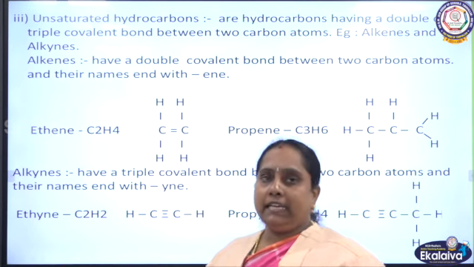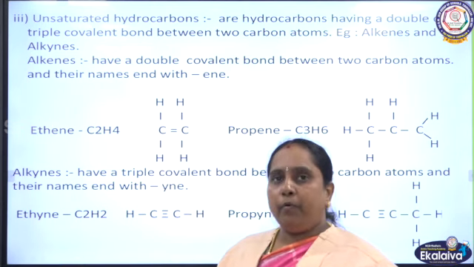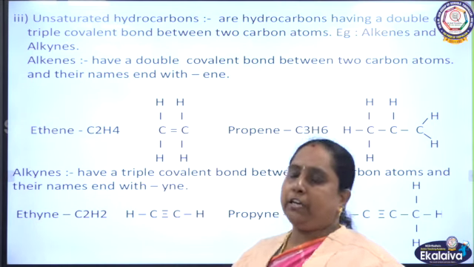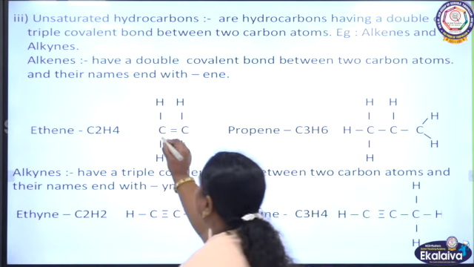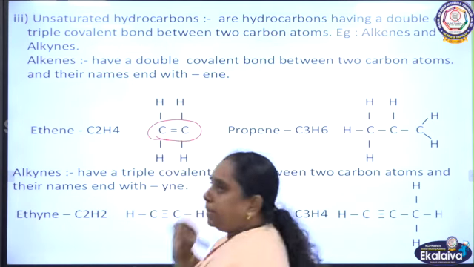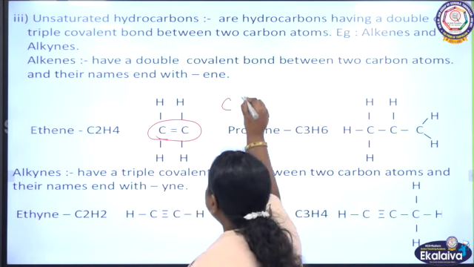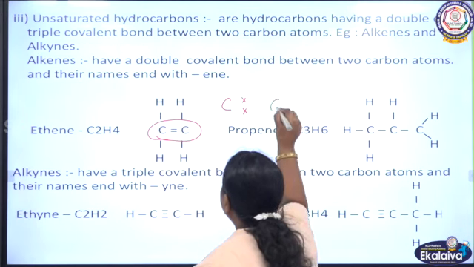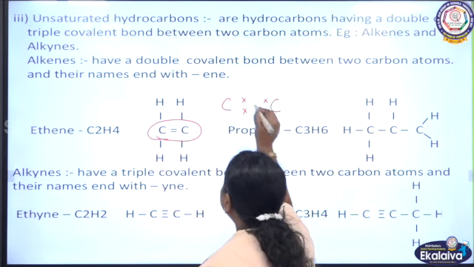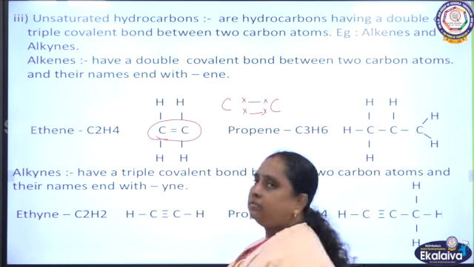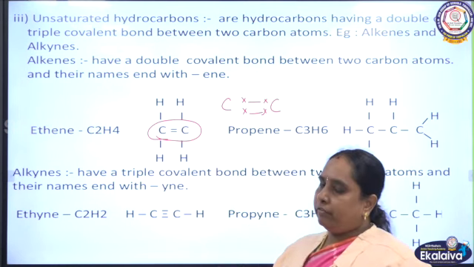If it is alkene, then the carbon compound will have double bond between carbon and carbon atoms. Can you notice this? There is a double bond between the carbon and carbon atom, which means that 2 electrons of carbon is shared with the other carbon atom, so that double covalent bond will be produced.